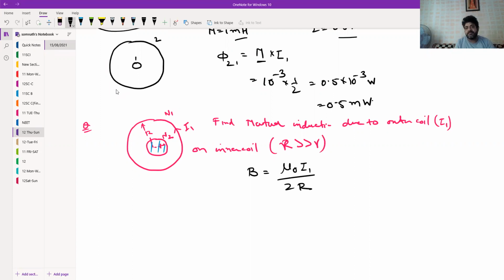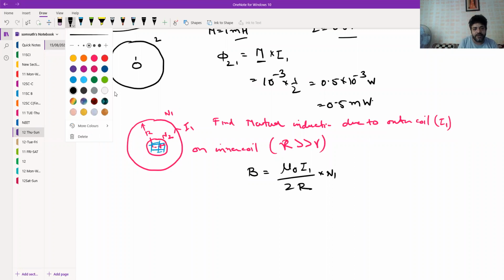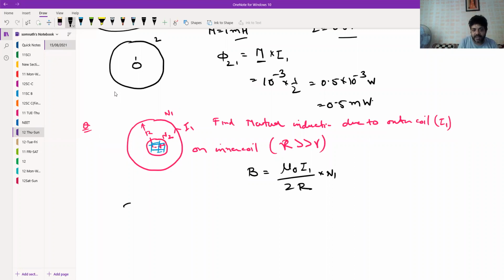When you get this magnetic field, multiply it by the number of turns and you get the total magnetic field. Now we have to find out the magnetic flux for that part. So what is the formula for flux?